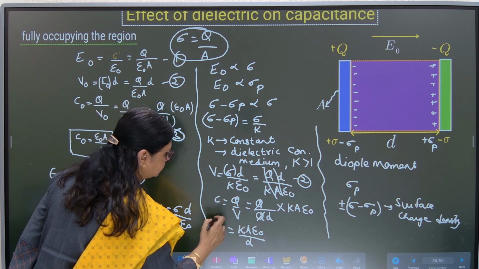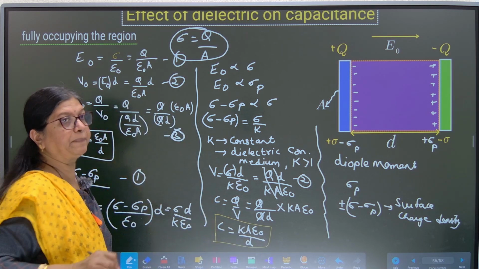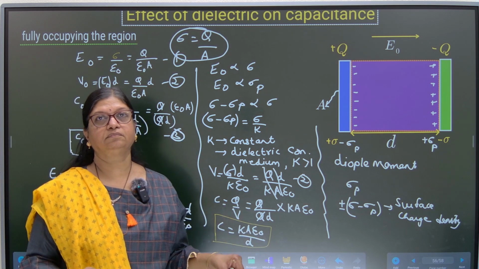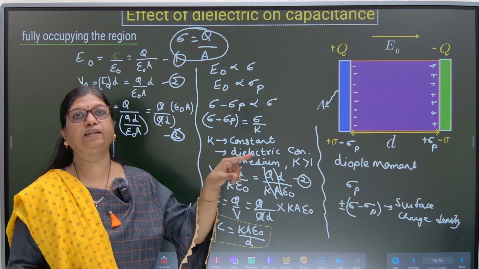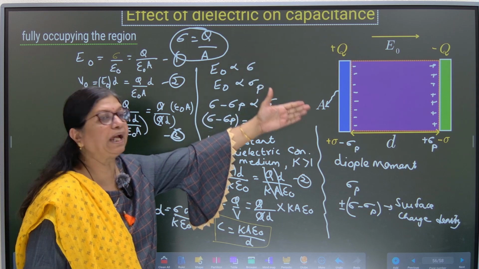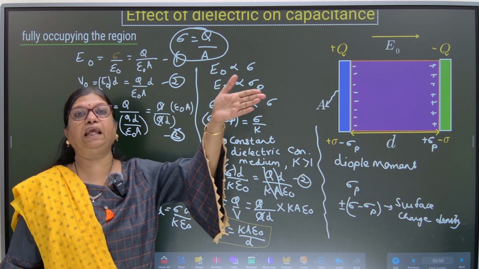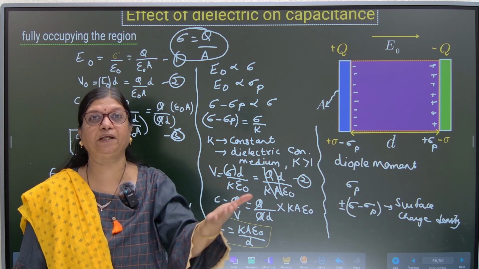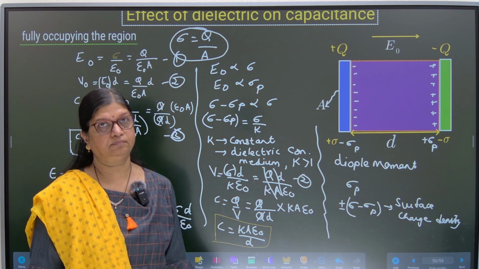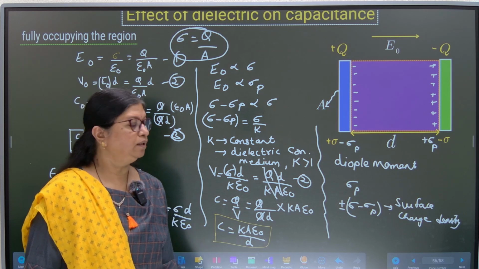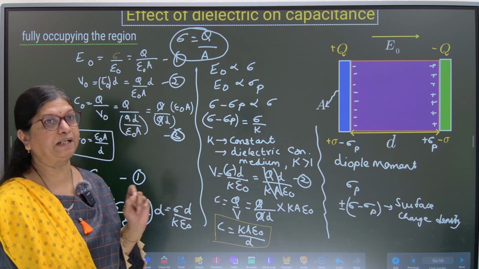So this is the capacitance of the capacitor, which was initially filled with air. Now it is filled with dielectric completely. Again and again I am saying completely, because in the next page we will understand what will happen if it is filled partially. Fine. Okay. So K A epsilon naught by d is equal to the capacitance.